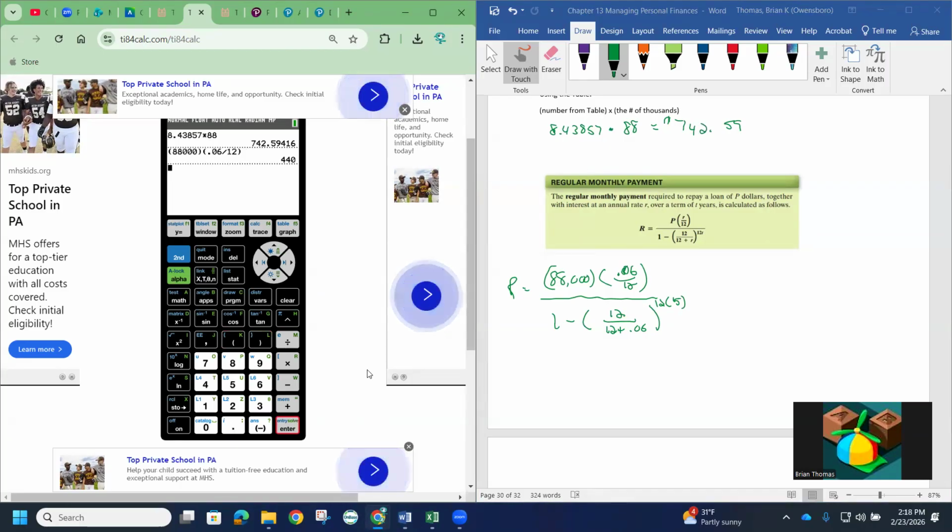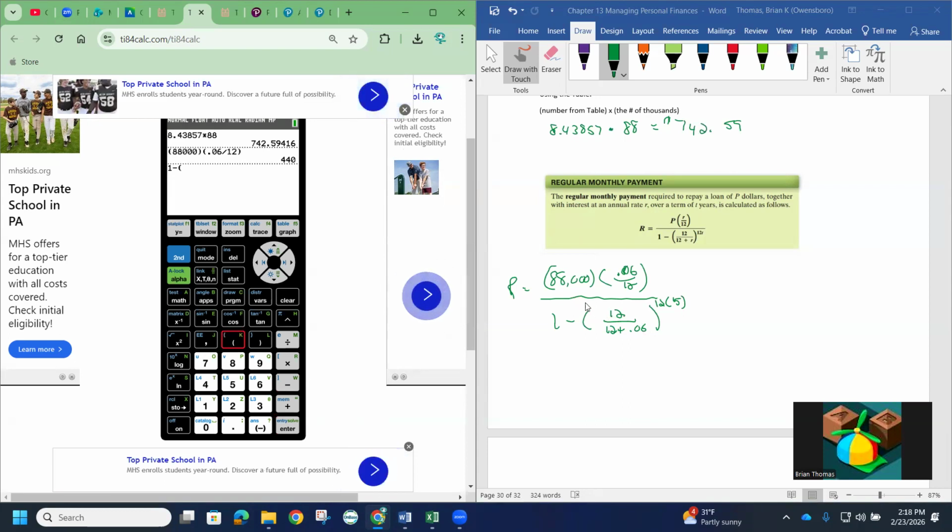Now, to do the bottom, I have 1 minus, in parentheses. But notice how we have a fraction inside here. So I'm going to use the fraction button. F1 is my fraction button. So alpha F1, choose number 1.